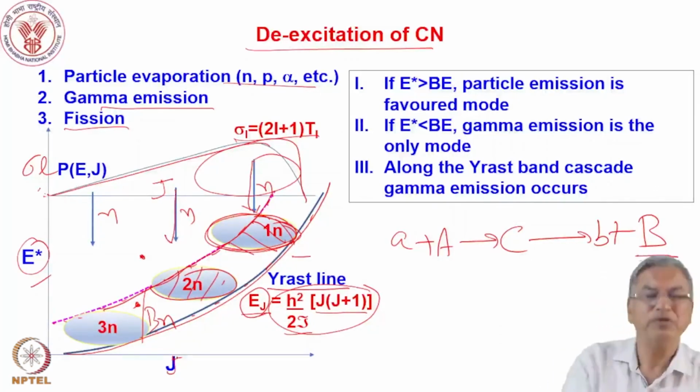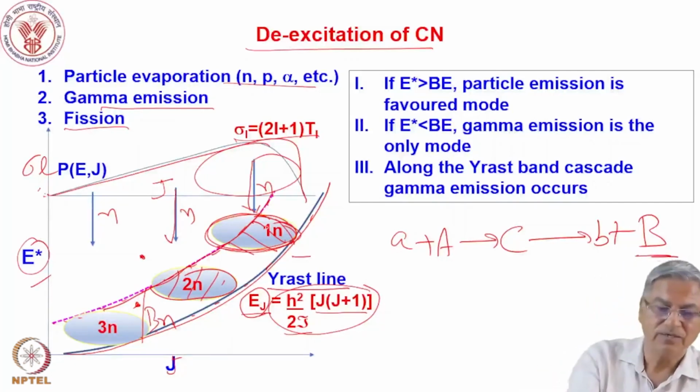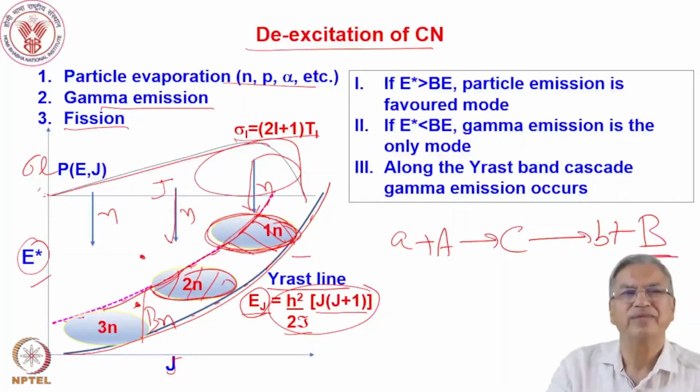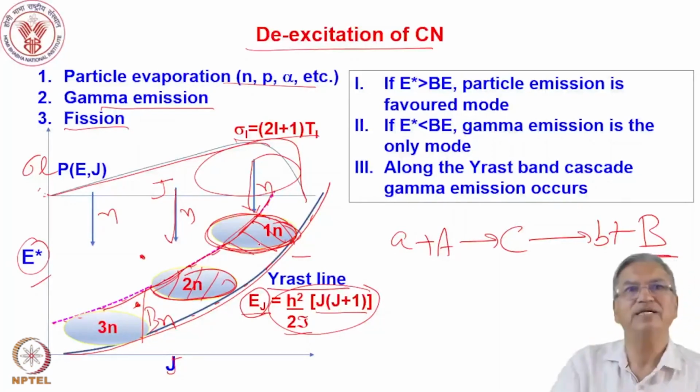So in angular momentum space, different product nuclei, the evaporation residues, are formed: as the compound nucleus emits 1 neutron this product is formed, 2 neutrons this is formed, 3 neutrons this is formed. Similarly, protons and alpha emission can also take place. Once it is in this domain below the binding energy, the nucleus is still excited, and it will now emit gamma rays.